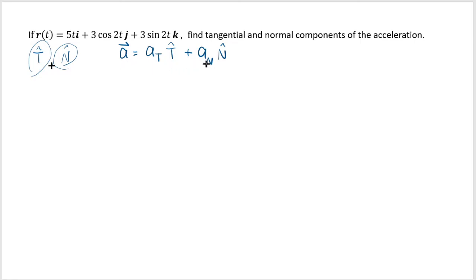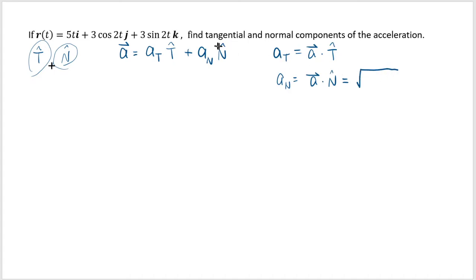So if you knew that, then you can find your a_T by calculating A dotted with the unit tangent vector. And for the normal component, there are two ways. If you have the normal direction and it's very easy to do, then that would be an option, but usually the normal vector is really hard to obtain, so the better way is to use the Pythagorean theorem.